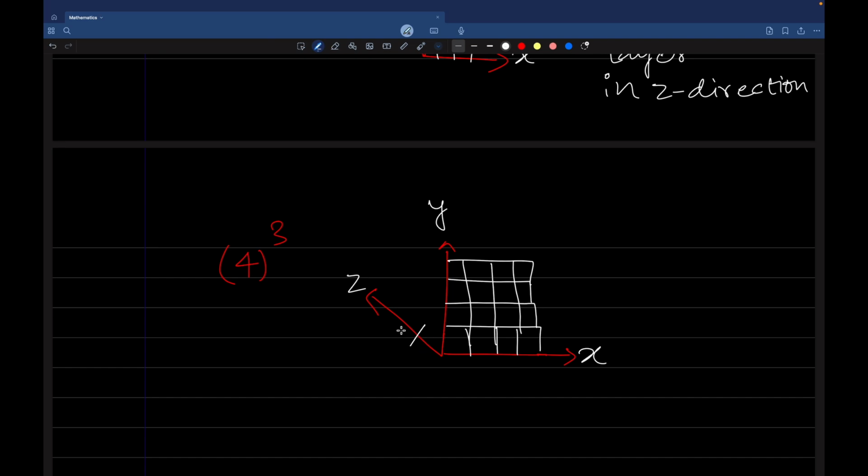And 4 in z direction, 1 2 3 4. We get 4 cross 4 cross 4, 4 in each direction, that is 4 cube.